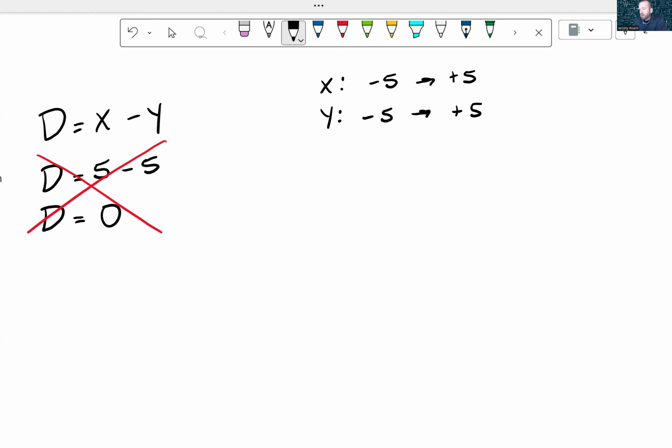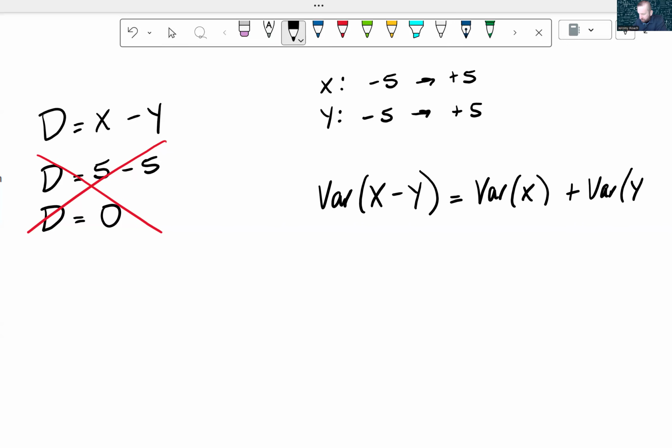So to find the variance of x minus y, we're going to use the variances instead of standard deviation. So to find the variance of x minus y, this is the variance of x, and we're going to add the variance of y to that.